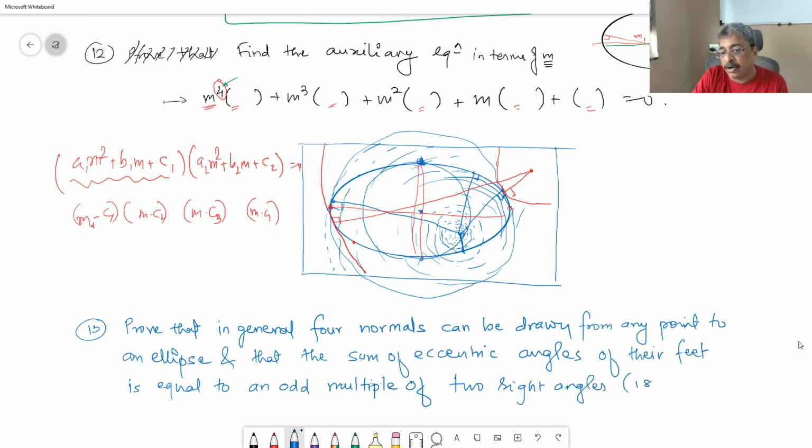That is 180. An odd multiple of 180 is the sum of the eccentric angles.